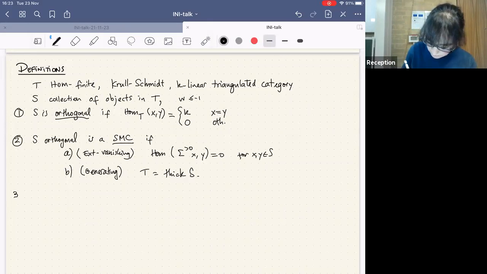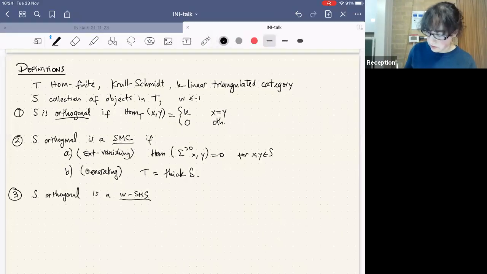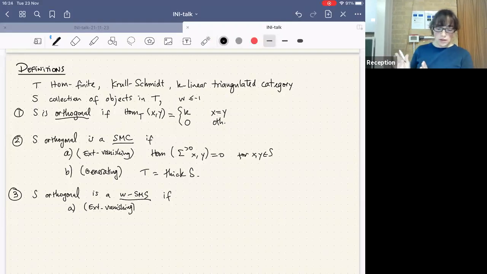Now, simple-minded systems, what is that? So again, S is an orthogonal collection, and a W simple-minded system for W negative if, again, there's some Ext vanishing condition. So now instead of having all negative extensions, we just have some negative extensions.